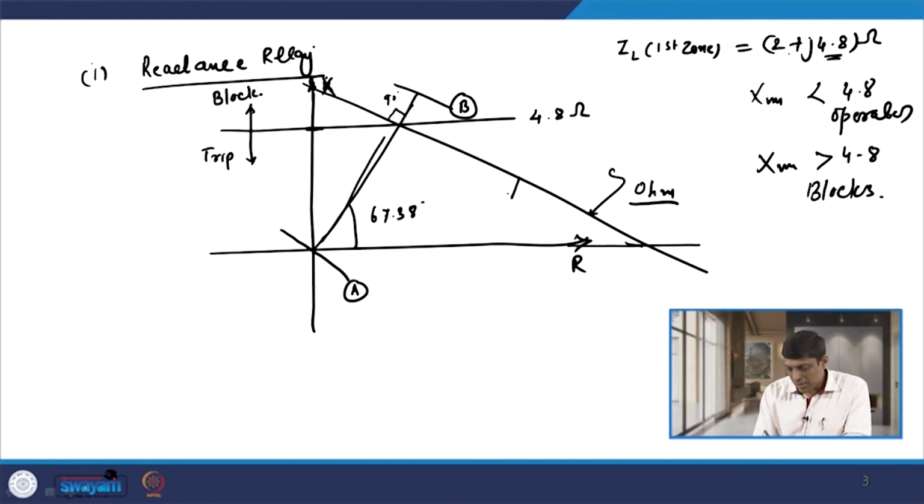Any value below this, the relay trips, and any value on the other side, the relay blocks.